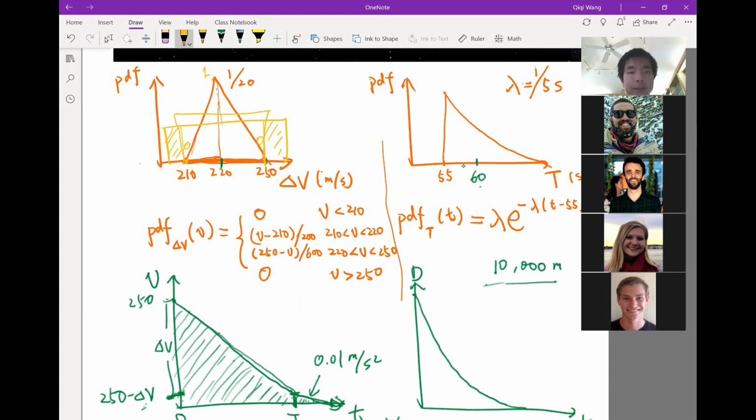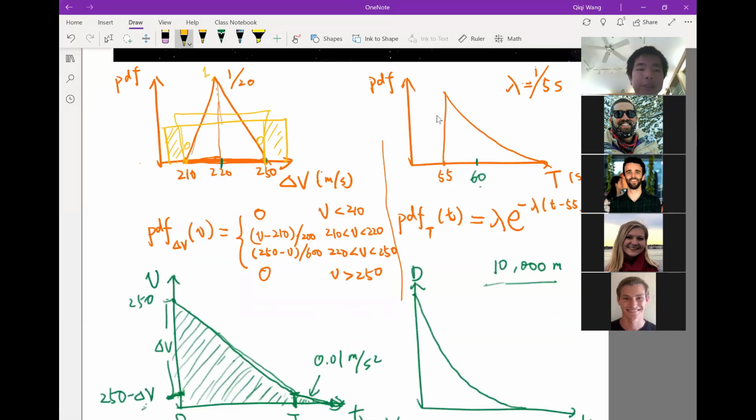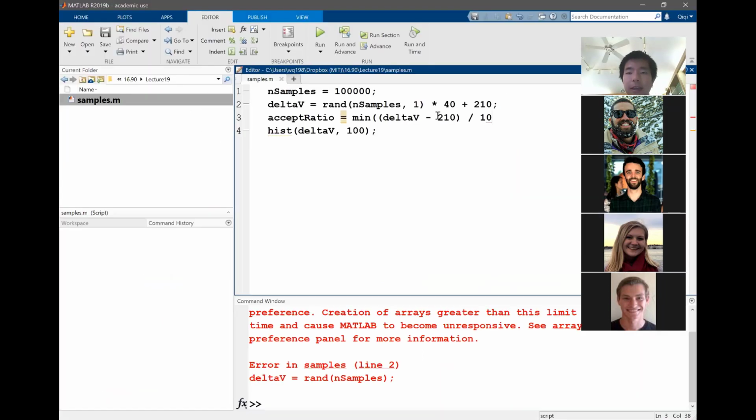So that's what I'm going to be computing, the acceptance ratio. The accept ratio is going to depend on delta V. It's going to be the minimum of delta V minus the lower threshold divided by 10. That captures the slope from 210 to 220.